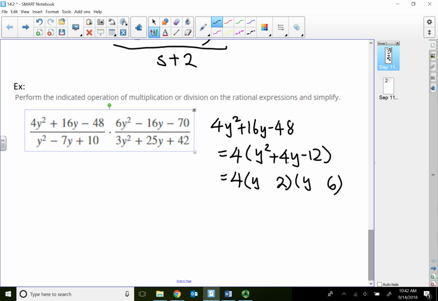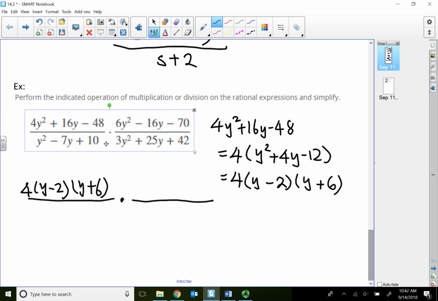So to end up with a positive 4, I have to have a positive 6 on the outer, negative 2 on the inner. So now I'm going to rewrite that over here. It's 4 times y minus 2 times y plus 6.